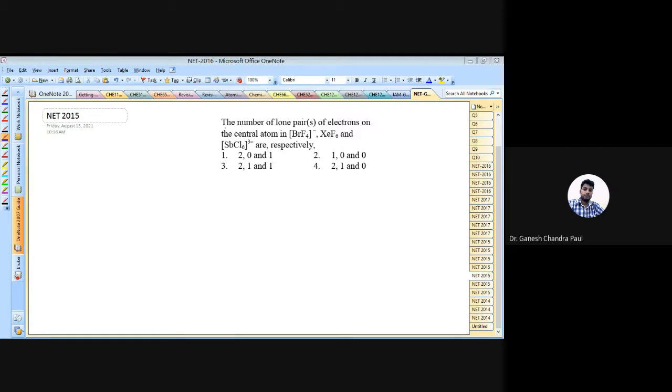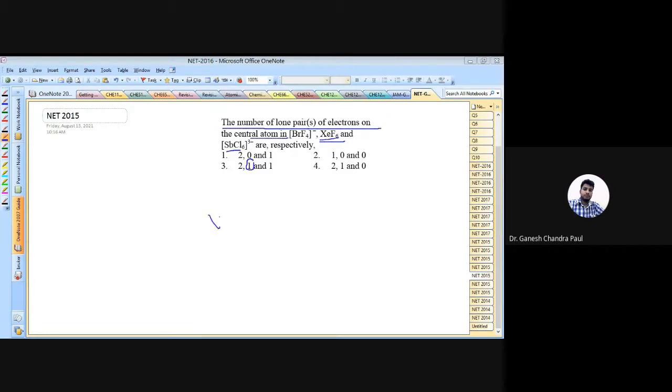Now the next question is, you can see here, the number of lone pairs of electrons on the central atom in XeF6, BrF4 minus and SbCl6 3 minus, antimony hexachloride 3 minus. As you know, the structure of xenon hexafluoride is a distorted octahedral structure, and it contains one lone pair, right?